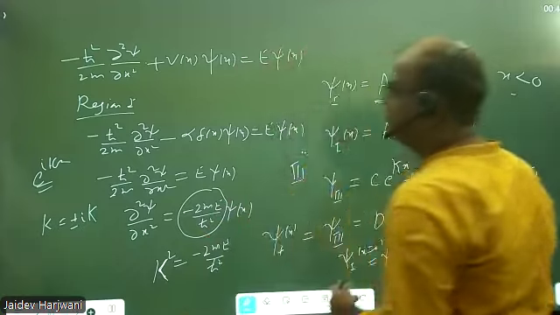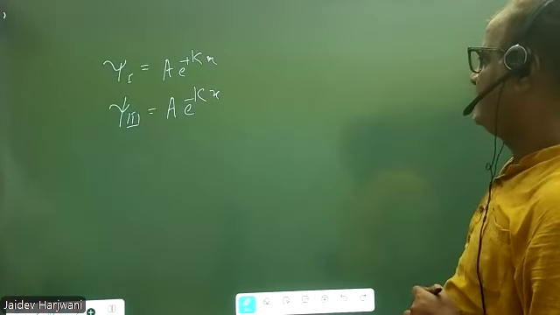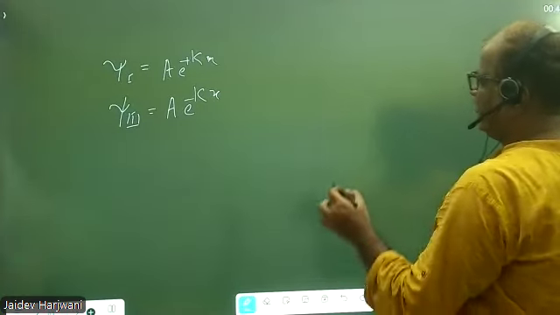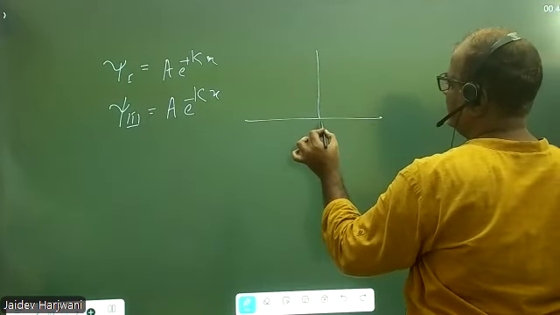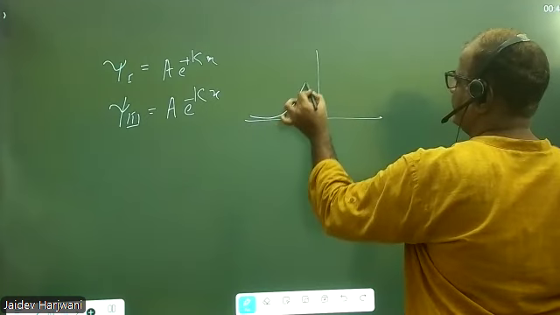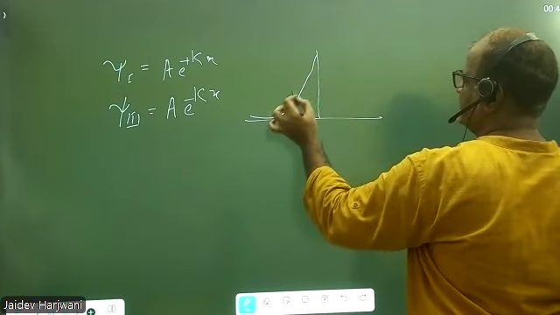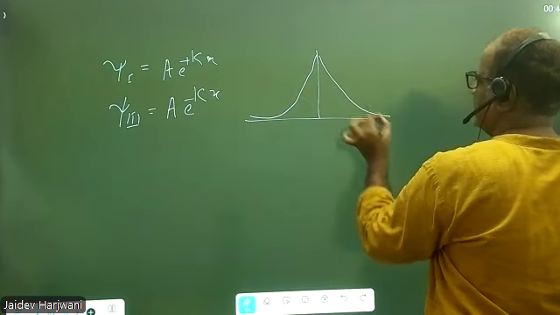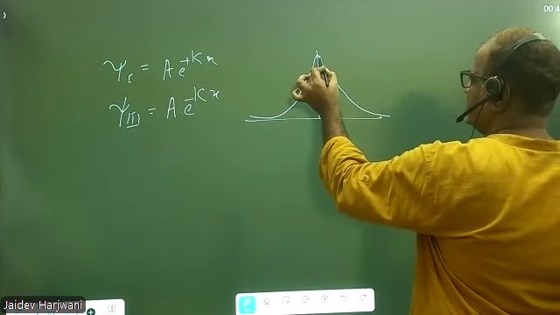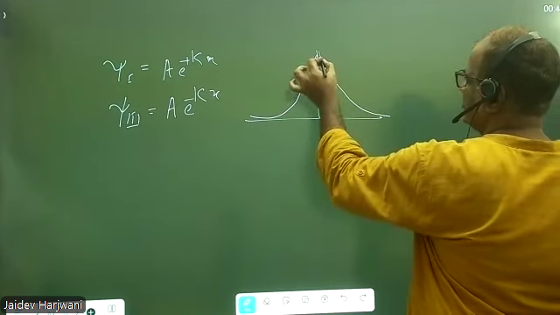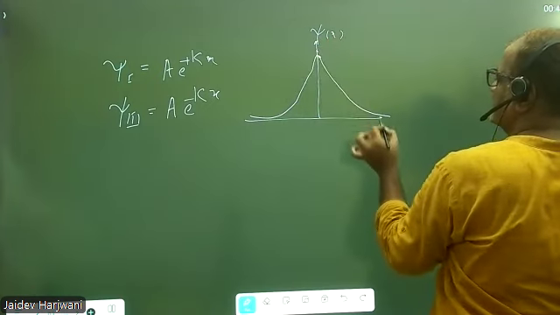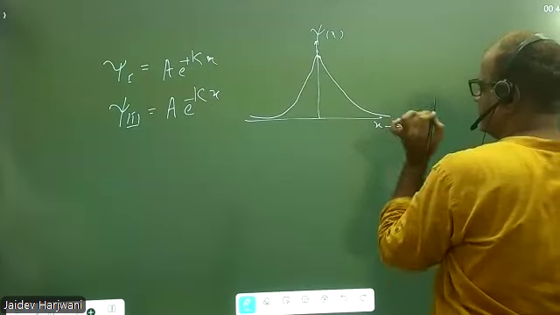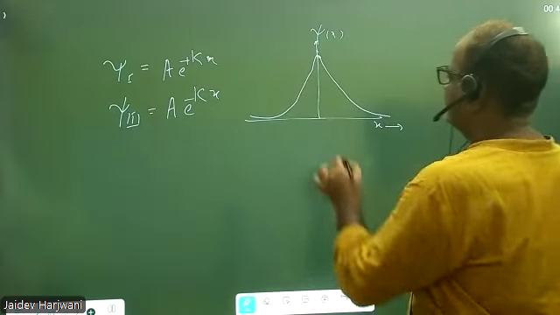So this is my solution, and if I draw this wave function, it will be like e^x here, and this will become 0 here, and both should match here, by continuity of the wave function. So this is my psi(x), and x goes here on the positive side of 0.